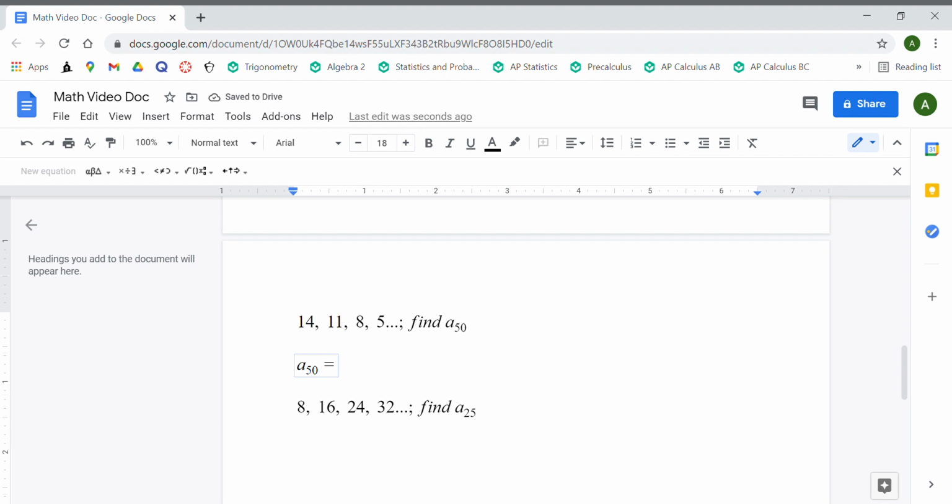Next, we must write out the first term. What's the first term? It's 14, right? And then we do n minus 1. In this case, it's going to be 50 minus 1, or 49, all multiplied by the common difference.